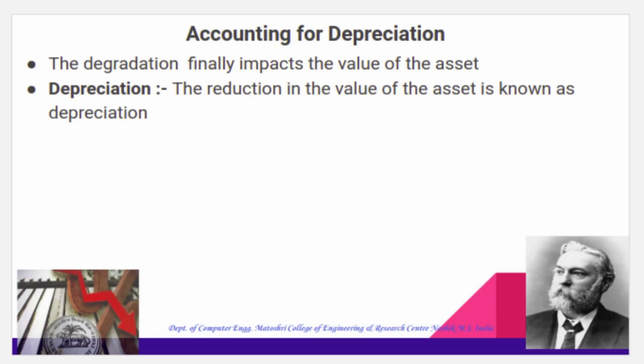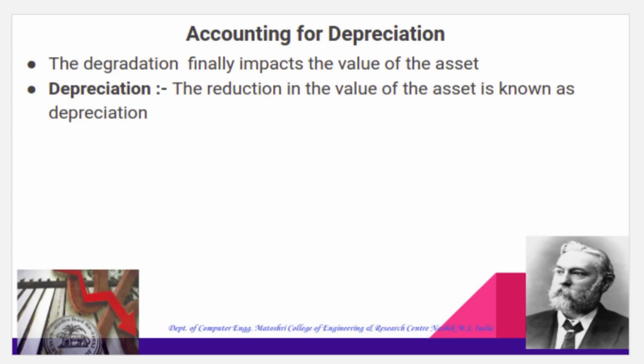Hence, to overcome this loss and to be able to replace the assets, every organization sets aside a certain percentage of the cost of the asset from its profit. Profit in the sense of permissible deduction by tax authorities. For what purpose?